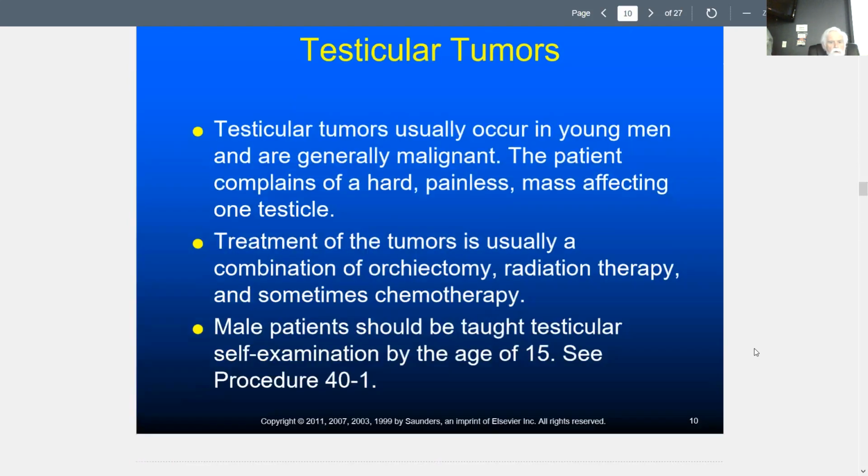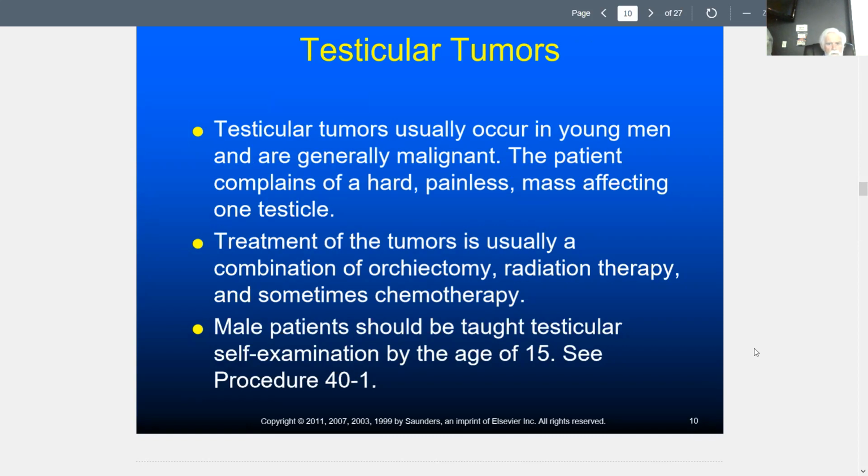There are testicular tumors. Men are encouraged to, as women are encouraged to palpate their breasts, men are encouraged to actually feel the surface of their testes on a regular basis to see if they find any hard lump on the outside.